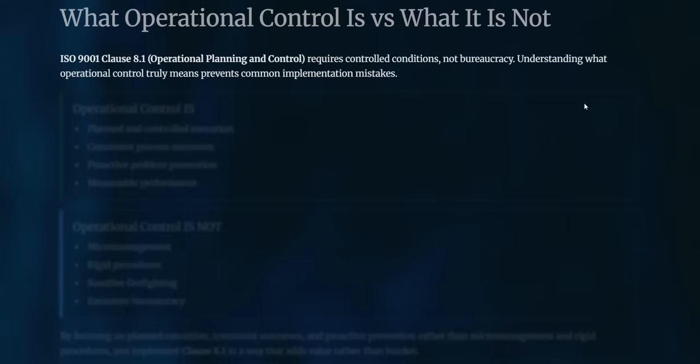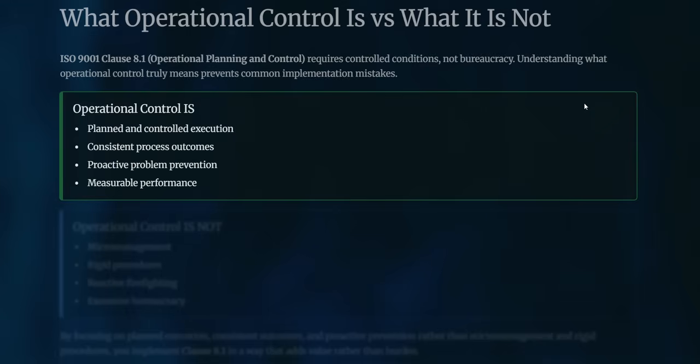ISO 9001 Clause 8.1 Operational Planning and Control requires control conditions, not bureaucracy, and understanding what operational control truly means prevents common implementation mistakes. So it's essential that you understand what we are explaining here to distinguish between operational control and how to do it and how not to do it.